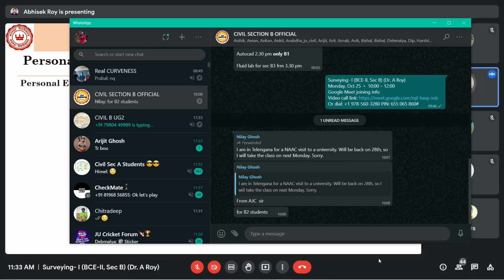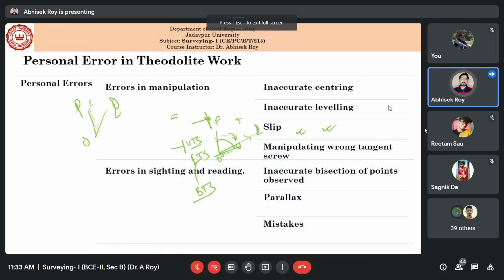So that's why you have to be very cautious while rotating the tangent screw also, because if you manipulate the wrong tangent screw, obviously there will be some sort of error. This sort of error you can't minimize by taking multiple observations, rather you have to be very cautious in taking the measurements.